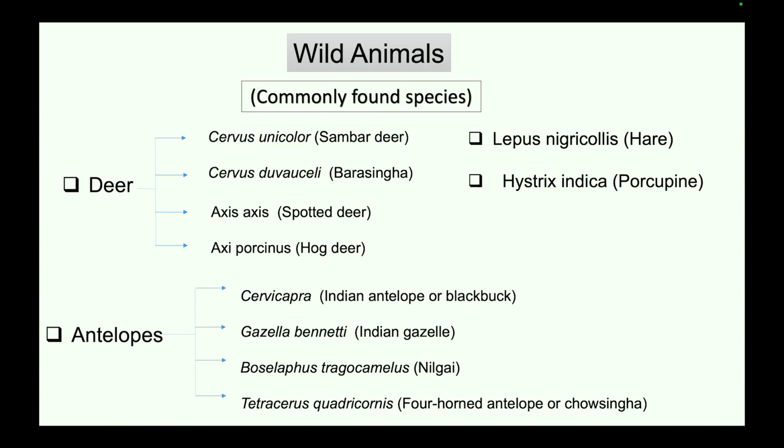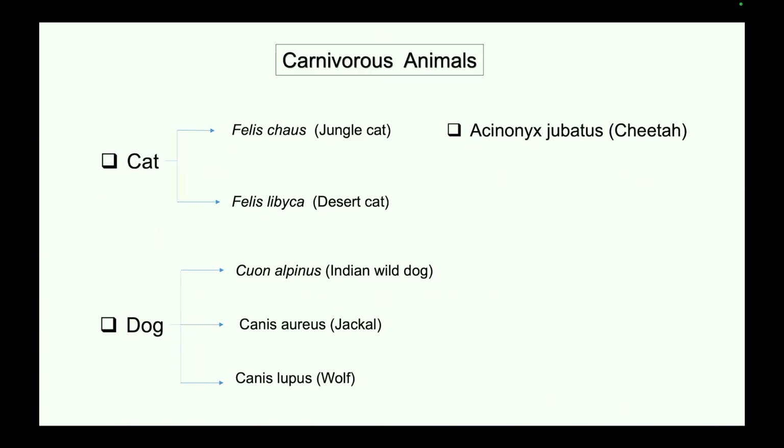Again, Lepus nigricollis, a species of hare, as well as the porcupine, Hystrix indica. These are the Indian species reported from the different Harappan sites in the category of wild animals.